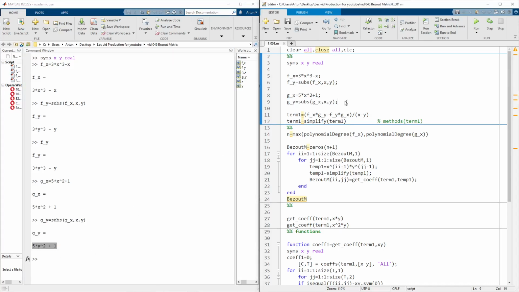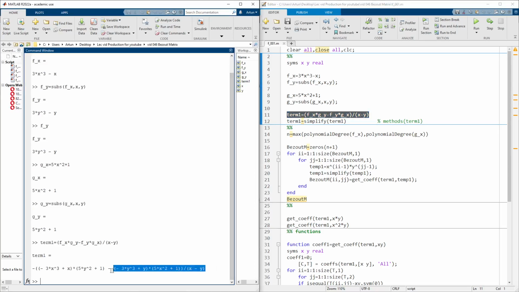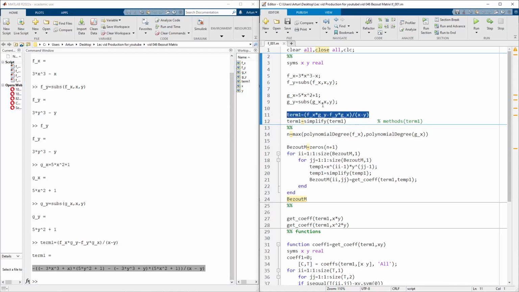Again, this is our formula: f of x times g of y minus f of y times g of x, divided by x minus y. Just use it here, and you can see the result. When you have that formula, you need to simplify the expression so that what you have is a polynomial, not a rational expression, mind you.